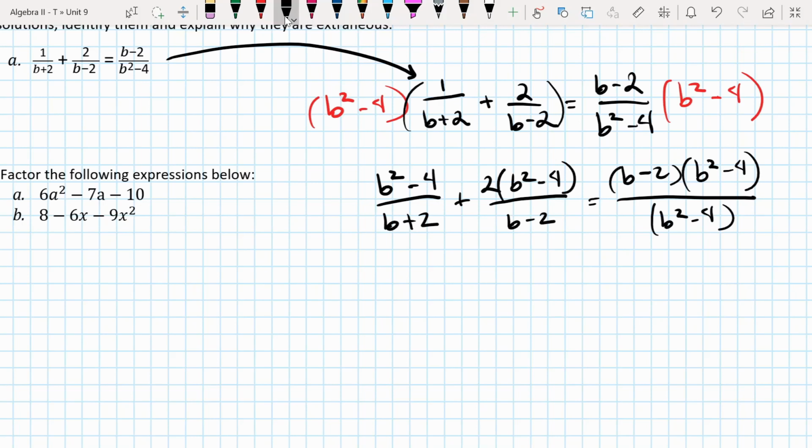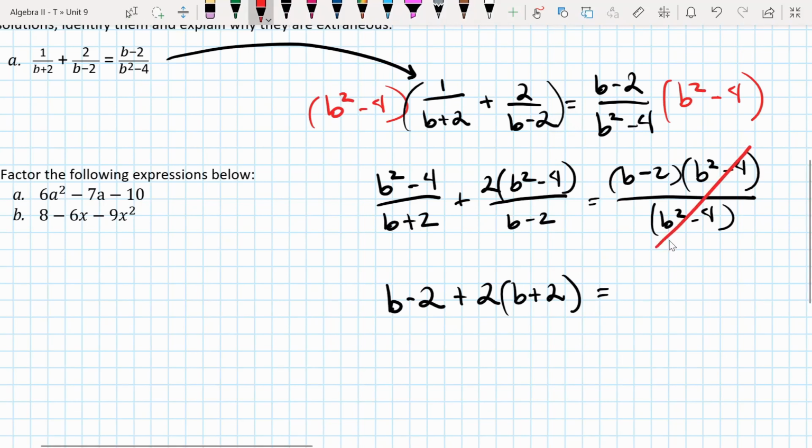And so if we have b plus 2 times b minus 2 divided by b plus 2, this actually just becomes b minus 2. The second term will become plus 2 times b plus 2 equals what's left after we cancel these out. So now we're left with a linear equation.